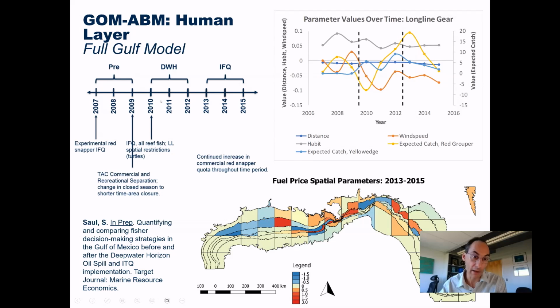This analysis needs a bit more work before it can be published. It's sort of still in its prep phase in order to more realistically get out of these discrete choice models, the impact of Deepwater Horizon versus the IFQ system, since both happened around the same time in the same year anyway.